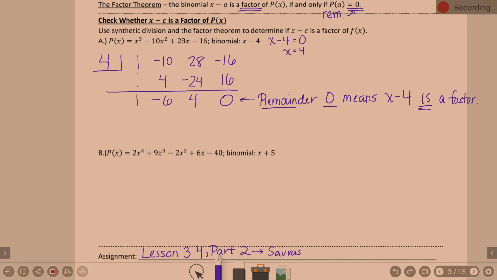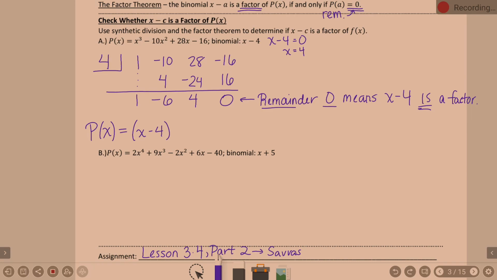Now, those of you that have done the long division homework, did you have to do a factored form somewhere along the lines, I think? Maybe not, but it pops up today then. Factored form. What did we just say is a factor? Because we got a remainder of 0, we said that X minus 4 is a factor, yes?